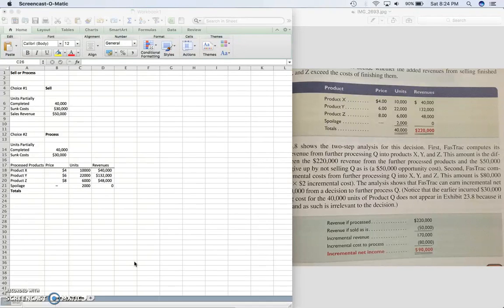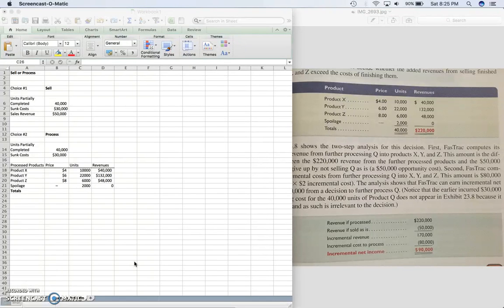This problem talks about selling a partially completed product or processing it further and selling it as a better quality product. To sell partially completed products as is, or to process them further for sale, depends significantly on relevant costs.